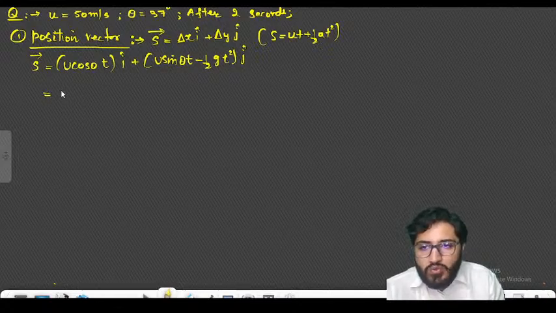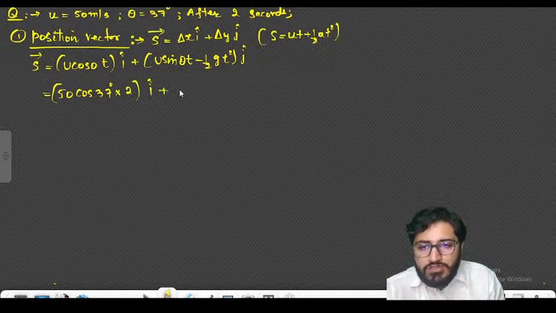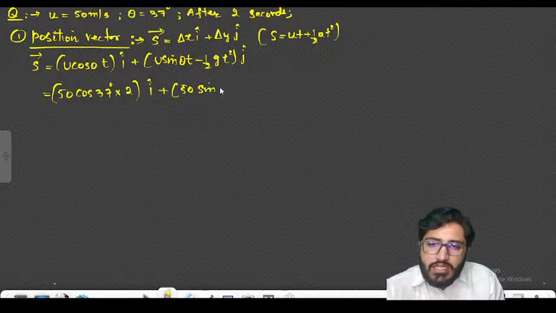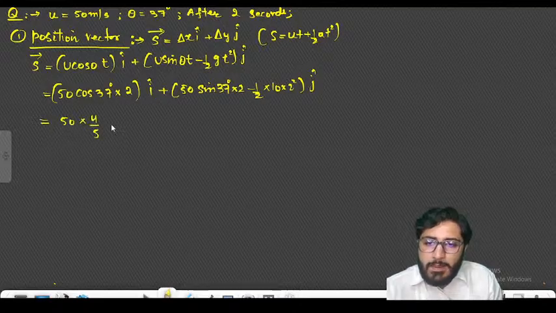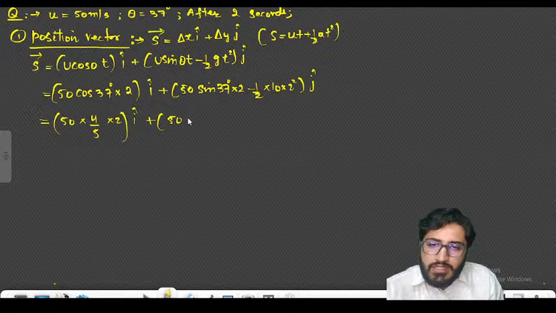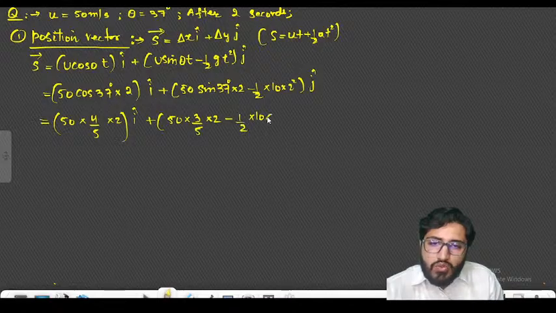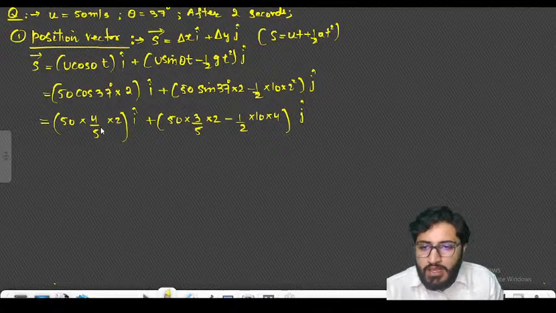So I can write u. What is u? U is 50. Then we have cos 37 degrees multiplied with 2, into i cap, plus u, which is 50, sin 37 degrees multiplied with 2, minus 1/2 into g, which is 10, into 2 square, into j cap. 50, cos 37 is 4 by 5, multiplied with 2, i cap, plus 50, sin 37 is 3 by 5, multiplied with 2, minus 1/2 into 10 into 2 square, into j cap. 5 ones are 5, 5 tens are 50, 40, 80.